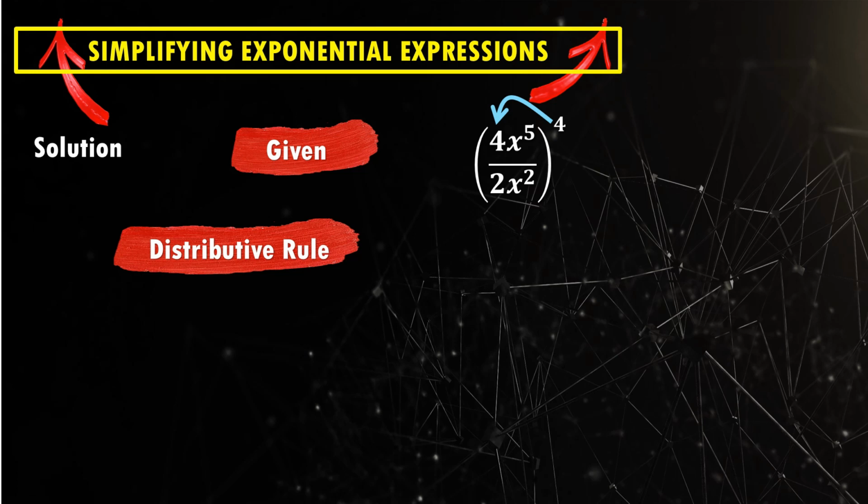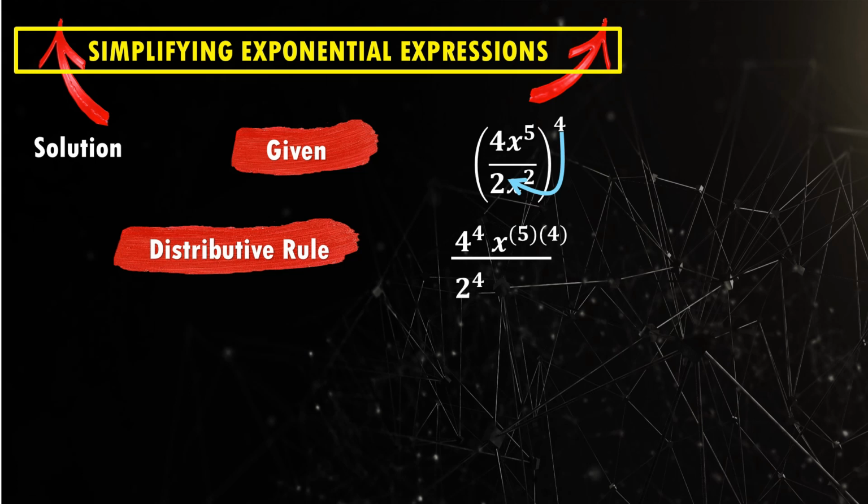Yung exponent na 4, i-distribute natin sa first term natin, which is si 4. Kaya magkakaroon tayo ng 4 raised to 4. Then next, si exponent na 4 sa labas, distribute din natin kay x raised to 5. Kaya magkakaroon tayo ng x raised to 5 times 4.